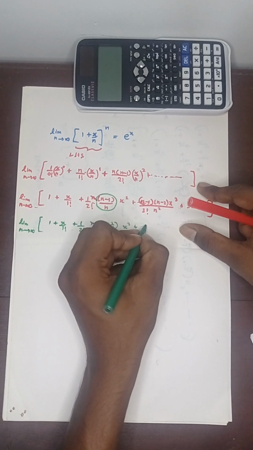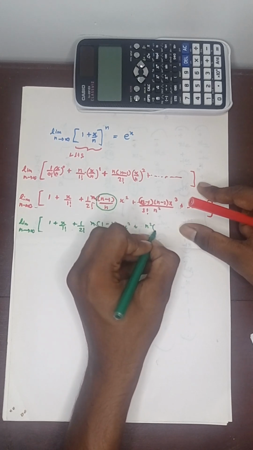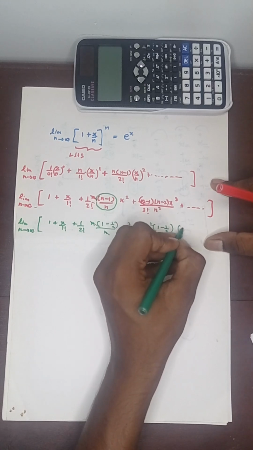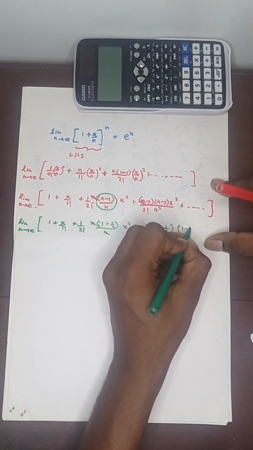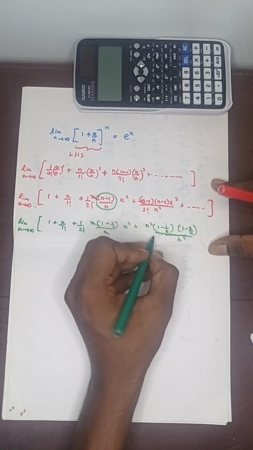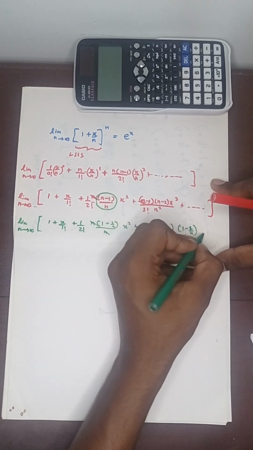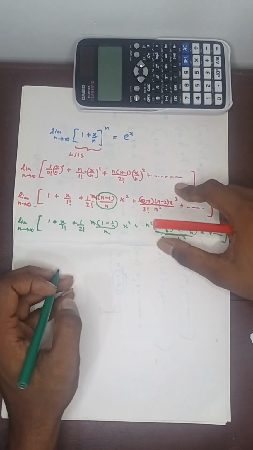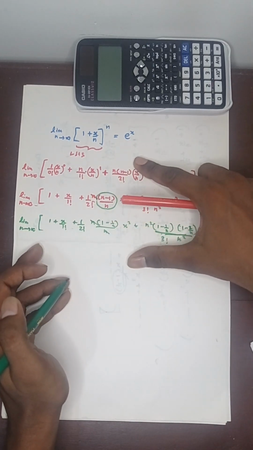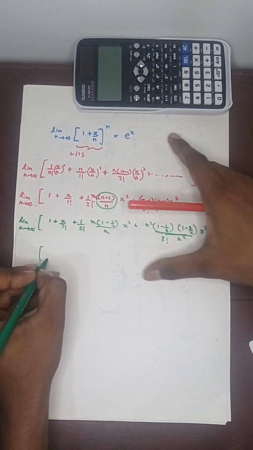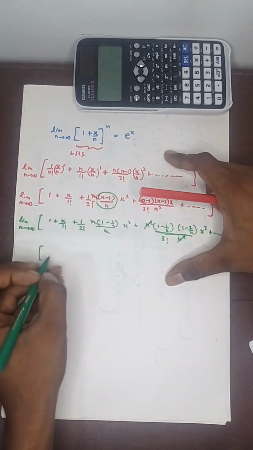See, everything is like that. n squared can be taken out: (1 minus 1/n) times (1 minus 2/n) over factorial 3 x cubed, plus there are many terms further. Then now these discontinuous points are cancelled off.